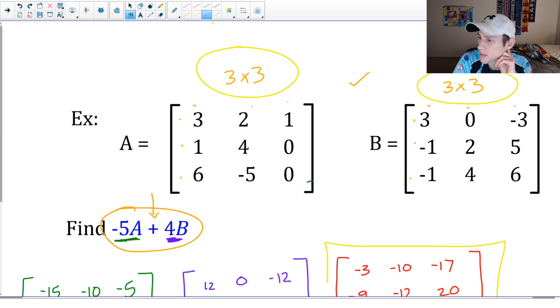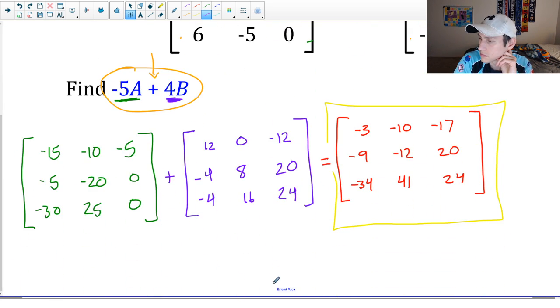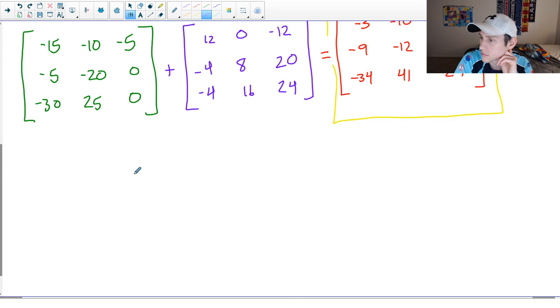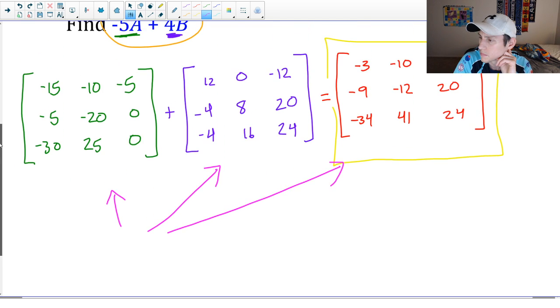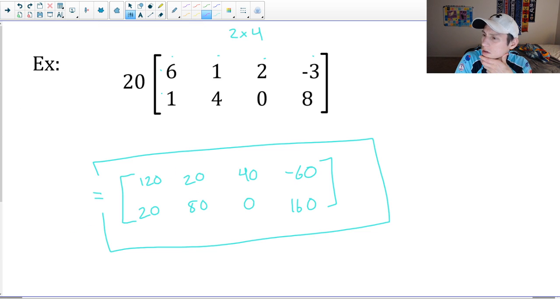All right, so for example, all three of these are examples of square matrices because they're all 3 by 3. Right, same amount of rows and columns.